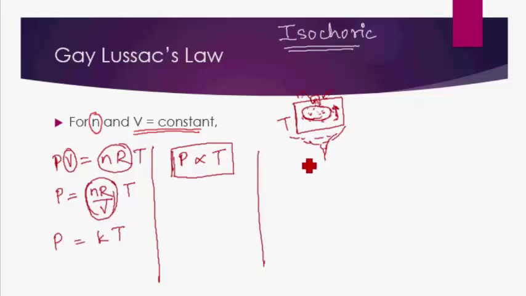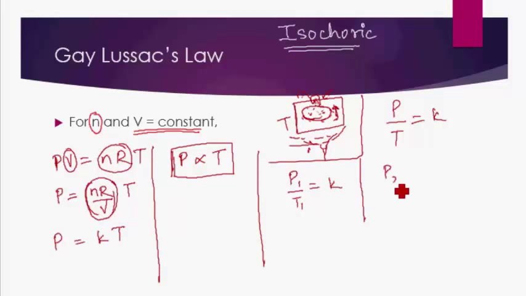Another way of looking at Gay-Lussac's law is that P by T is equal to your constant K. That means if initially my pressure was P1 and temperature was T1, and now I decide to change my pressure to a value P2, then temperature will automatically adjust itself to a new value T2, such that the ratio is still the same as the initial K. And we know that the value of K here is nR by V. So from equations 1 and 2 we get that P1 by T1 is equal to P2 by T2.